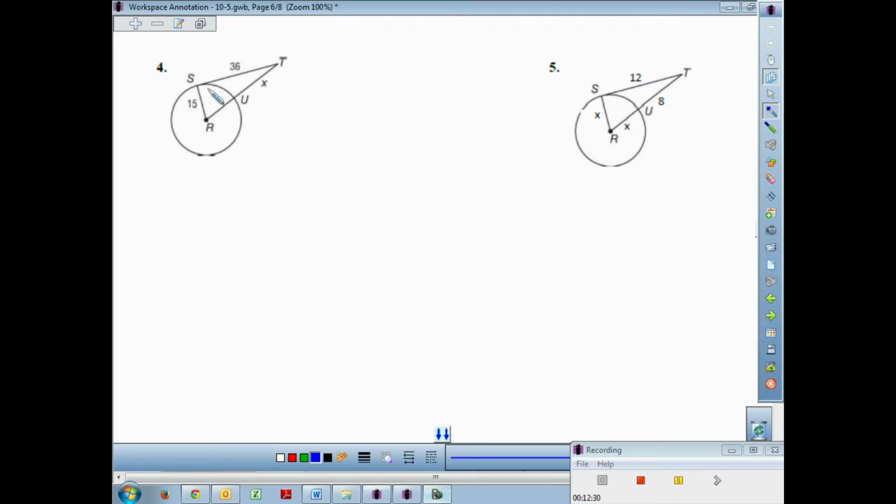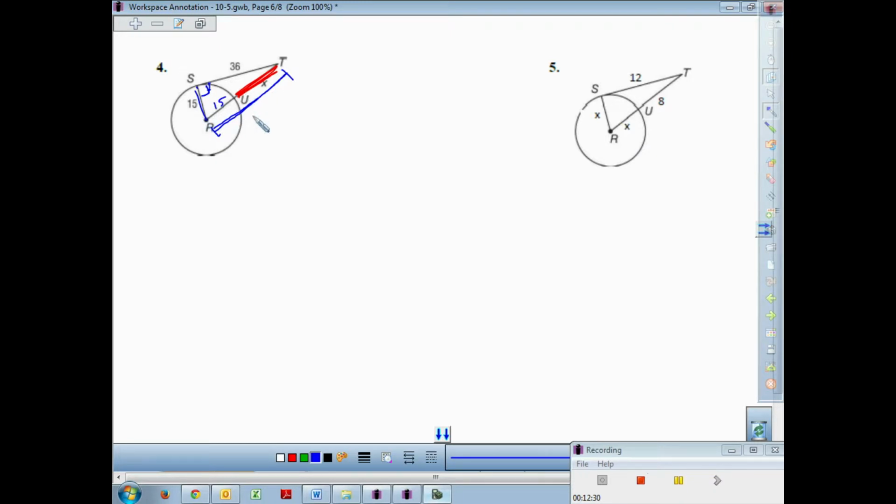This guy right here has got to be 90, because that's a radius touching a point of tangency. And here's where we get a little tricky, because this distance right here is x. I need to know this entire distance right here. This entire distance is the hypotenuse of our right triangle. Well, we do know that this right here has to be 15 because it's a radius of this circle, and if that radius is 15, this has got to be 15.